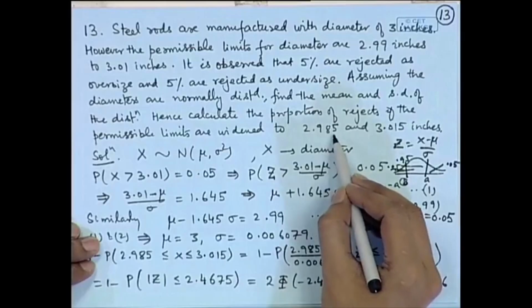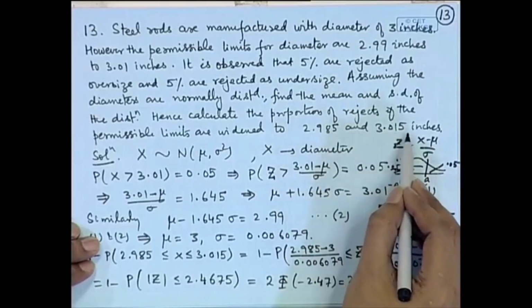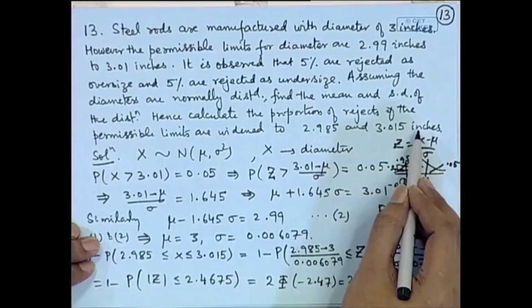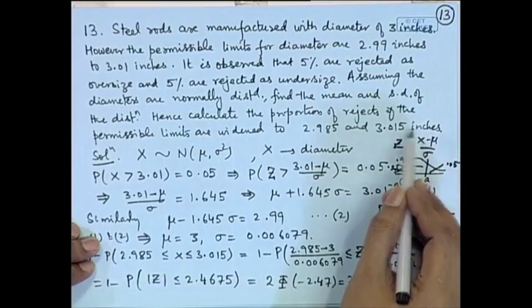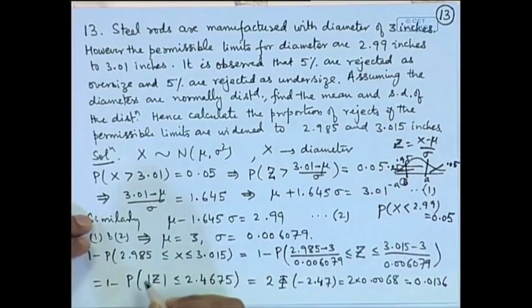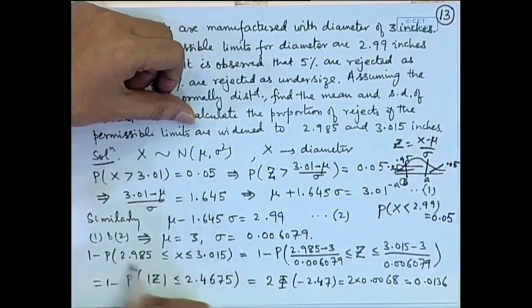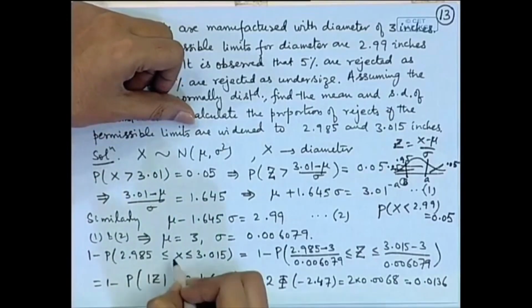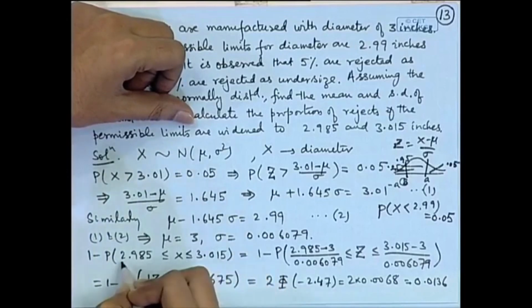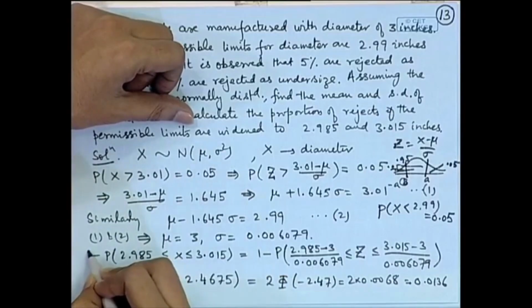Now, under these values of mu and sigma, if we extend the permissible limits by a little more, that is from 2.985 inches to 3.015 inches, then what is the proportion of rejected steel rods? We calculate the probability of accepting the rod, that means x lies between 2.985 and 3.015, and 1 minus that is the probability of rejection.